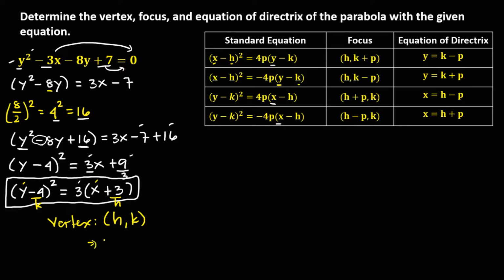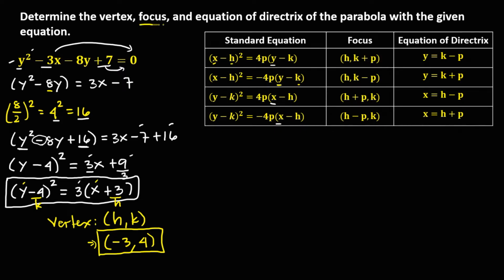So for the vertex, for h, since this one is positive 3, the opposite sign, h is negative 3. And for k, since this one is negative 4, the opposite sign, k is positive 4. So this is now the vertex.